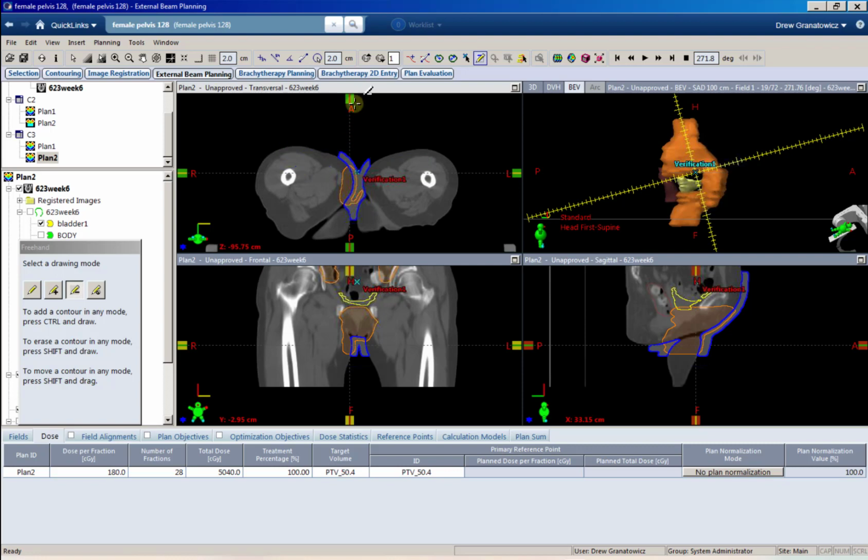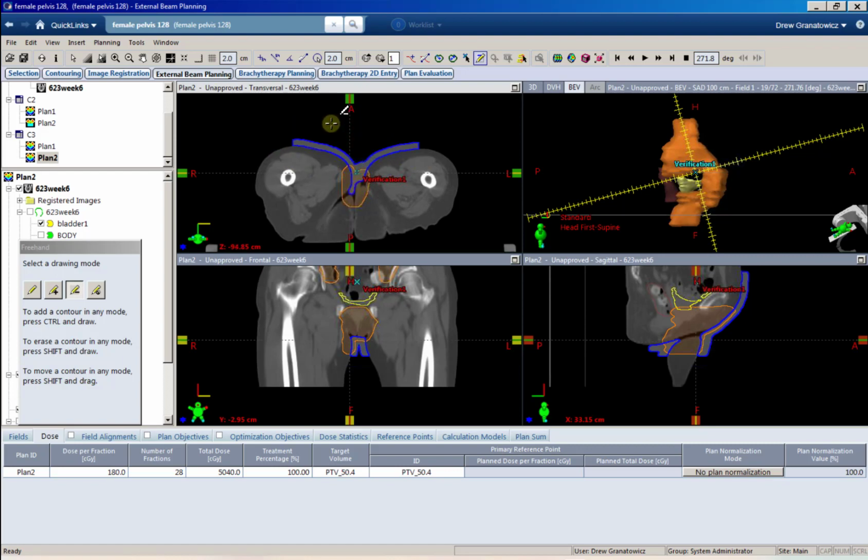Just because, again, we're treating all the way around the patient, so we're treating through this bolus that we created here, right? So if there's missing bolus in the treatment or extra bolus in the treatment, obviously your dose distribution will be different. So it's a balance between creating the ideal bolus and creating the bolus that's reasonable for them to create.